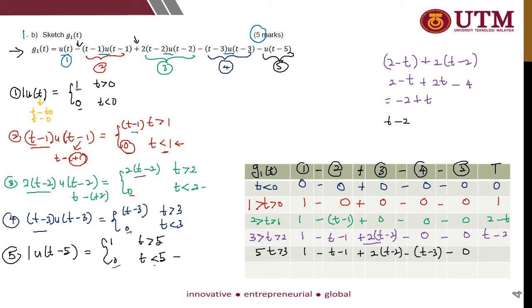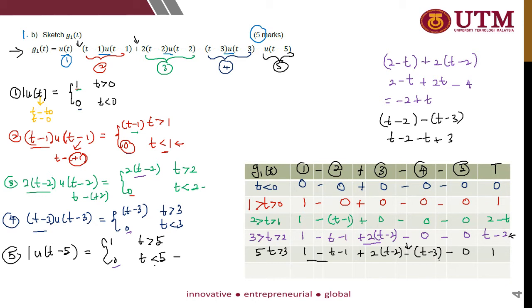You can sum them all from the start, but since we have calculated up to this point, we just need to consider the new component together with the previous range total. So t minus 2 minus the new component t minus 3. It's t minus 2 minus t plus 3, which is basically 1.